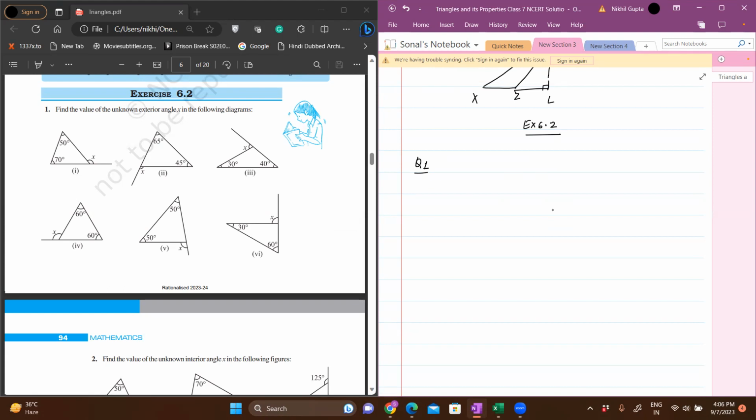If I talk about the third part, the value of x will be equal to the sum of 30 degrees plus 40 degrees because of the exterior angle property. So ultimately, x will be equal to 70 degrees.